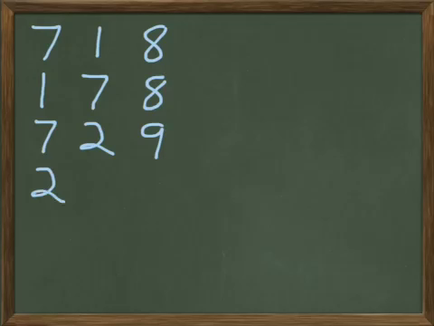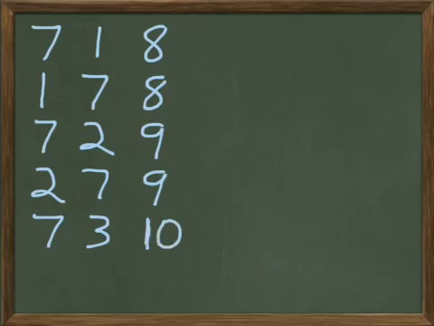And then 2 and 7 are also 9. And let's go to 7 and 3. 7 and 3 are how many? 10. And then 3 and 7 are also 10.